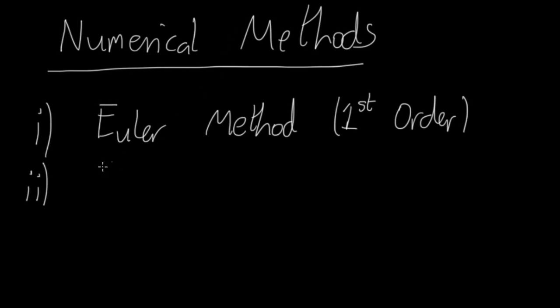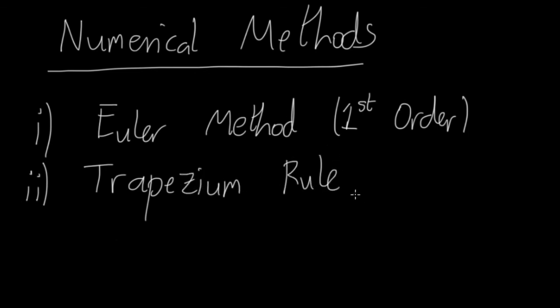The second example is the trapezium rule, or the Simpson rule. Now these can be done by hand, but if you have access to computers, I certainly would recommend doing a computational method such as, final example, Runge-Kutta.